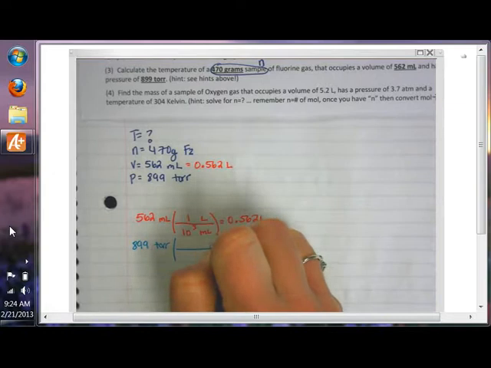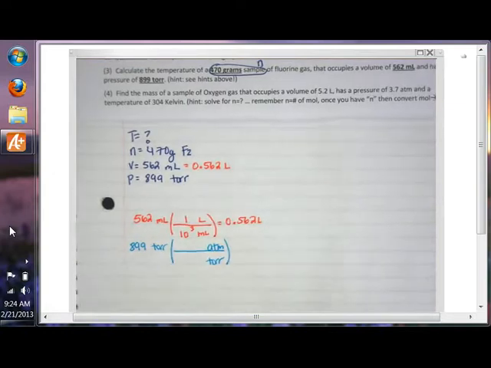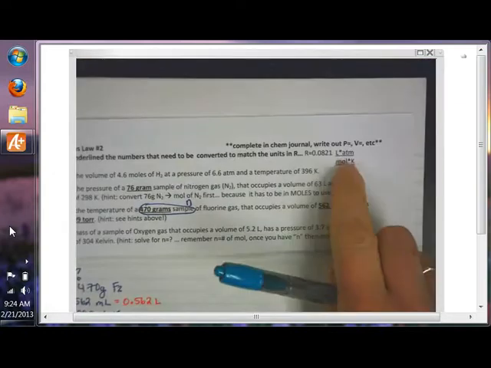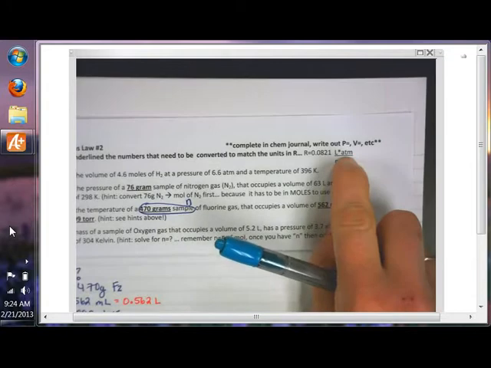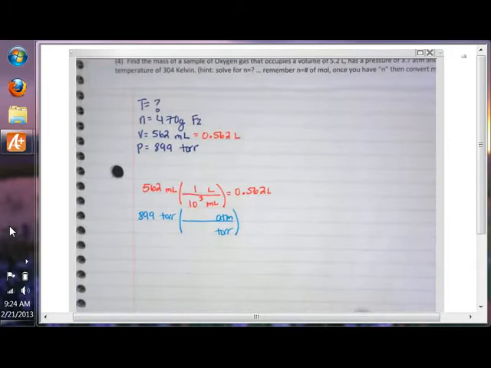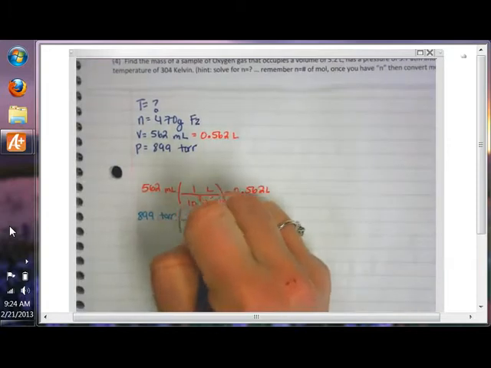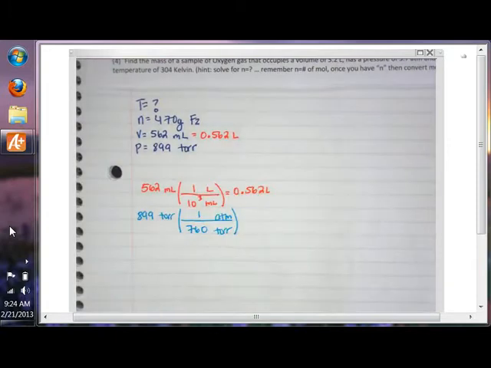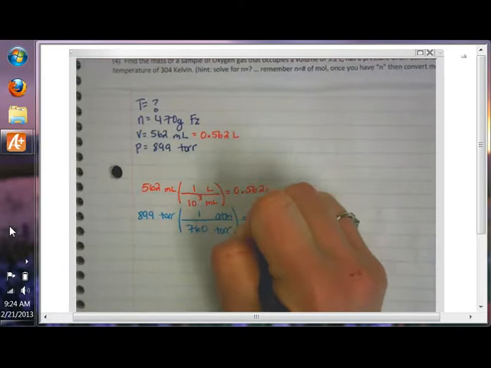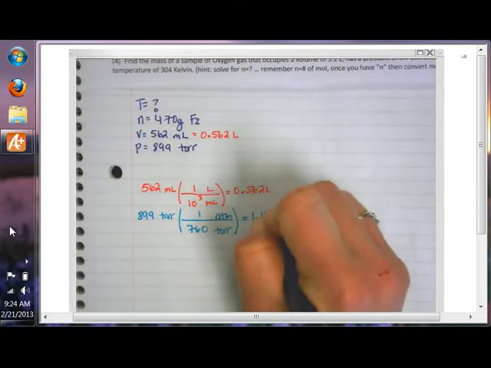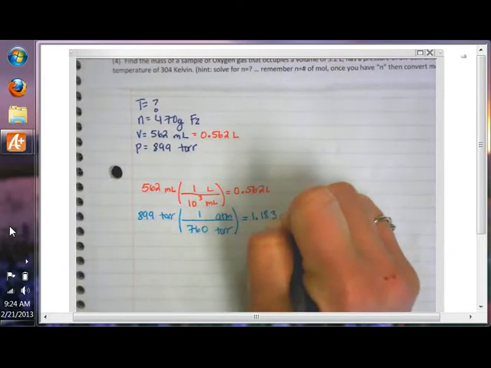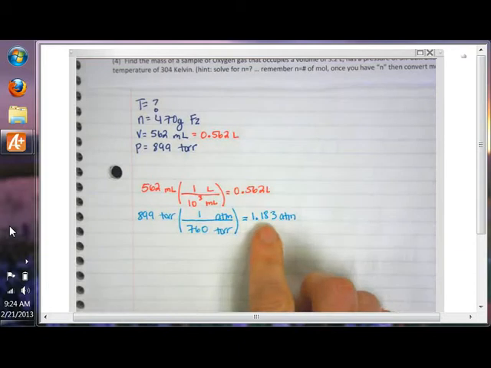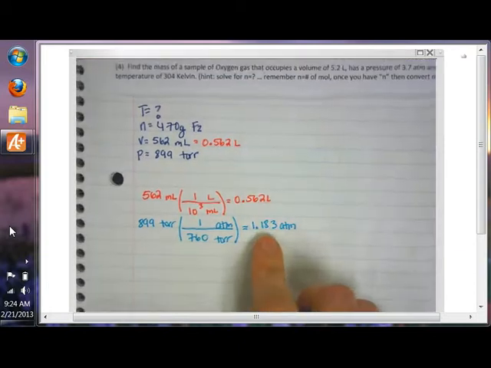Once again, I'm doing this because I need to be in atmospheres in order to use PV equals nRT. So for every 1 ATM, there are 760 torr. I calculate that out, and my calculator spits out 1.183 ATM. Notice I'm doing 3 decimal places. I'm not really rounding yet. Don't round till the end.